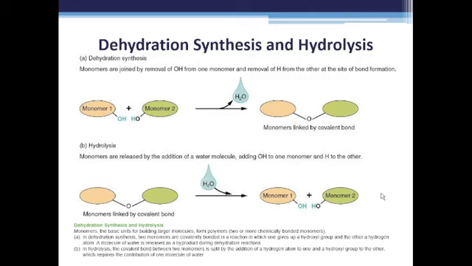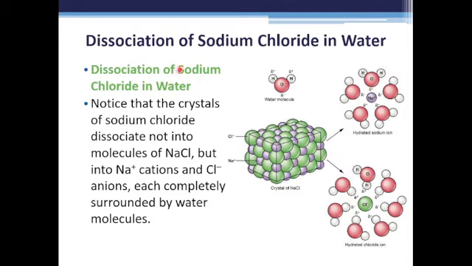Together, dehydration synthesis and hydrolysis allow the body to build and break down molecules as needed, which is needed for maintaining balance and homeostasis. Next, let's talk about dissociation of sodium chloride in water.